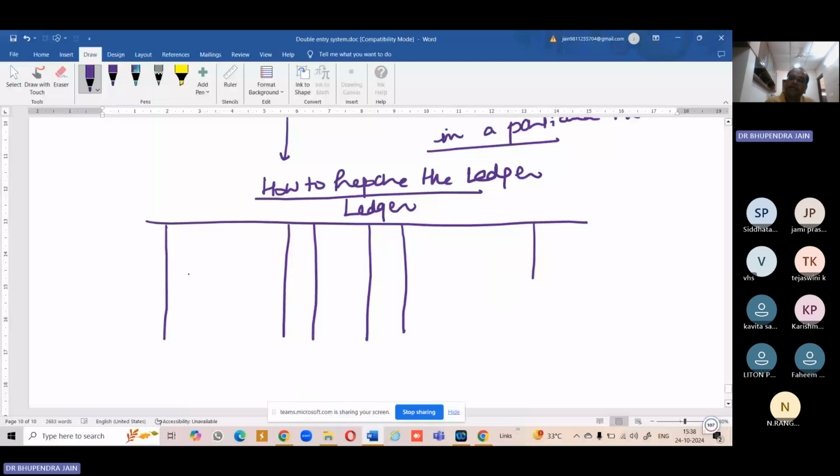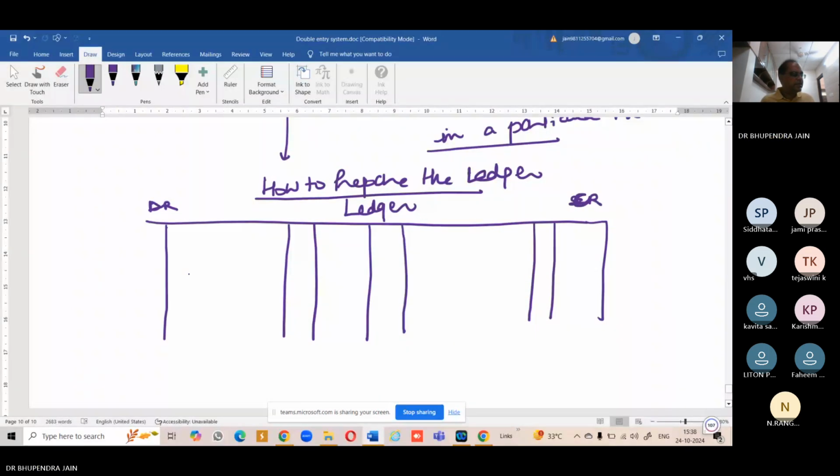The ledger is divided into two parts: the debit side part and the credit side part. Number first is the debit side, and number second is the credit side. And each side again has four columns.